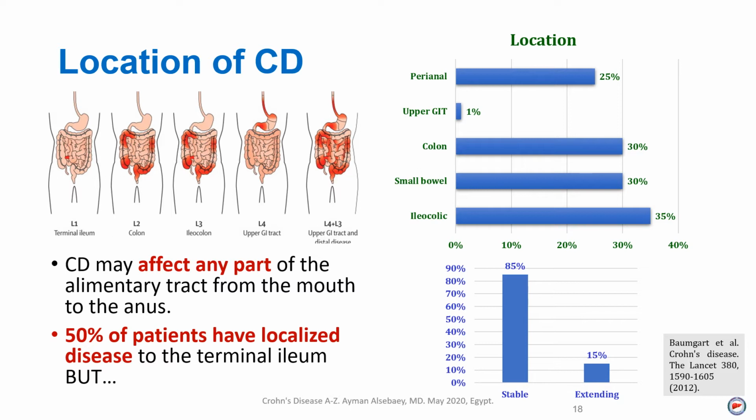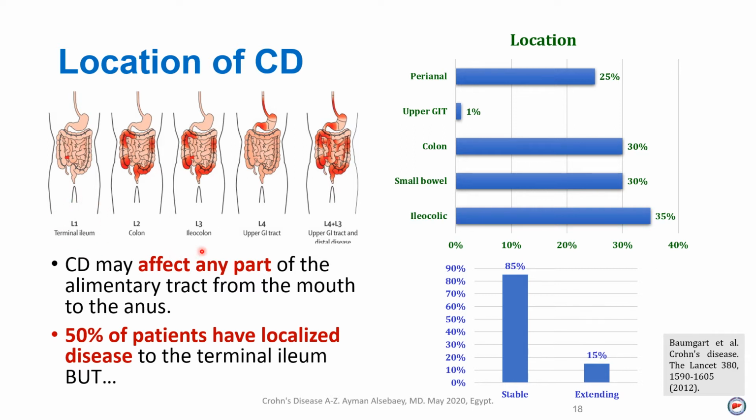We have a nice classification which is called the Montreal classification. In this classification, they put the letter L to account for location. So L1, the disease is confined to the terminal ileum. In L2, it is confined to the colon.